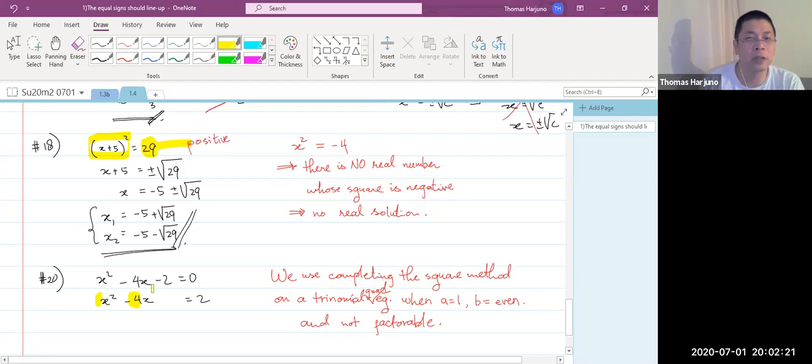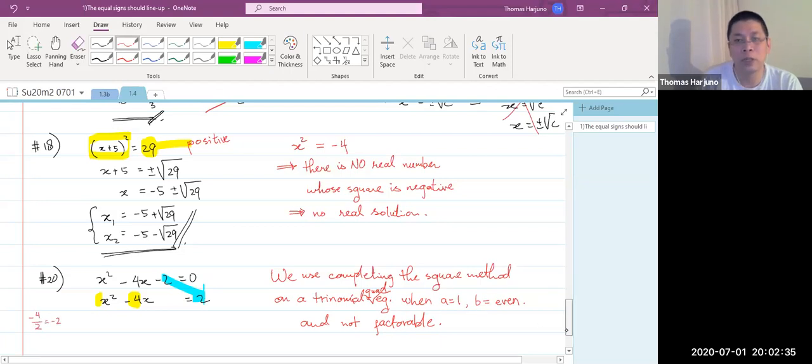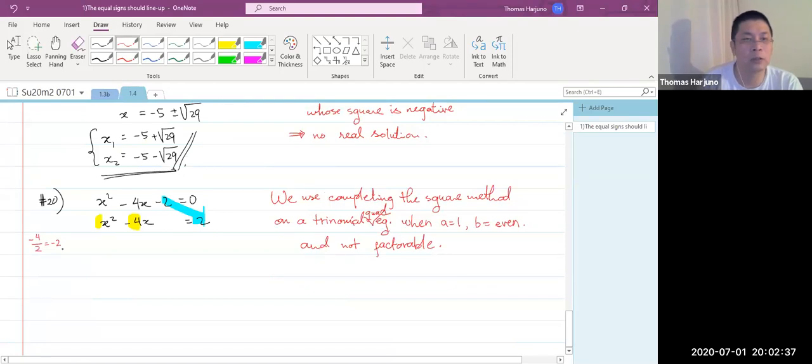Then I move the constant to the other side, so only variables are on the left. And then I ask myself what number I need to add: the coefficient of x, which is b, divided by 2, and the quotient squared. I hope you remember this procedure from day 1 on Monday.